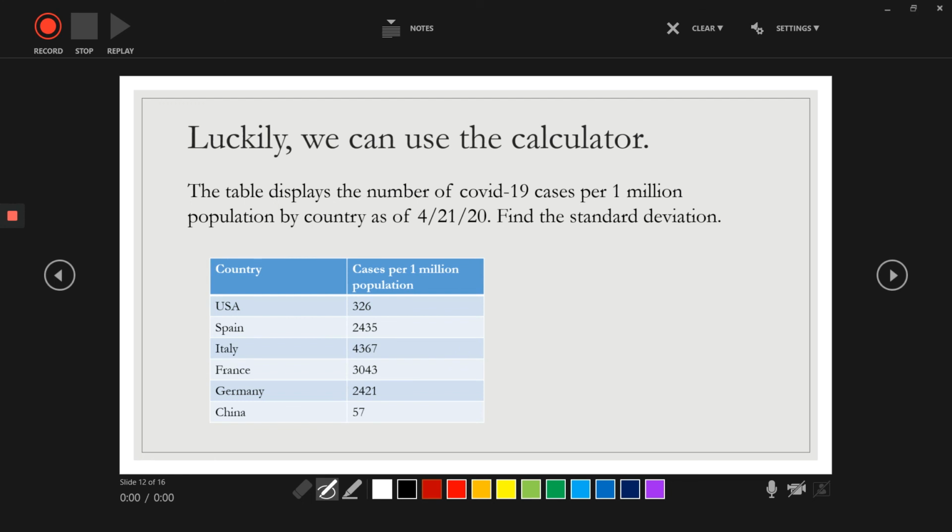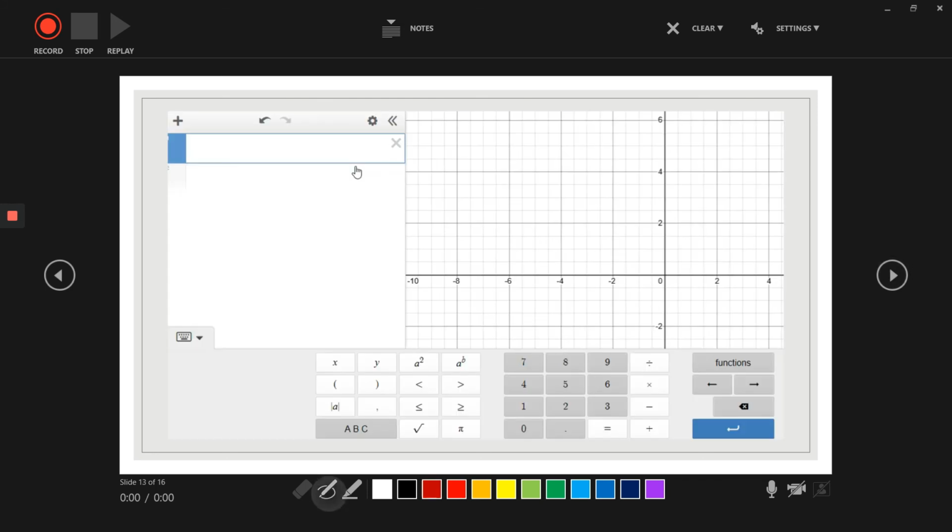Okay, so here we have a table with the number of COVID-19 cases per 1 million population by country as of 4/21/20. Find the standard deviation. Okay, so here's our list of that, and we're going to put it in the calculator. So I'll define my data set.